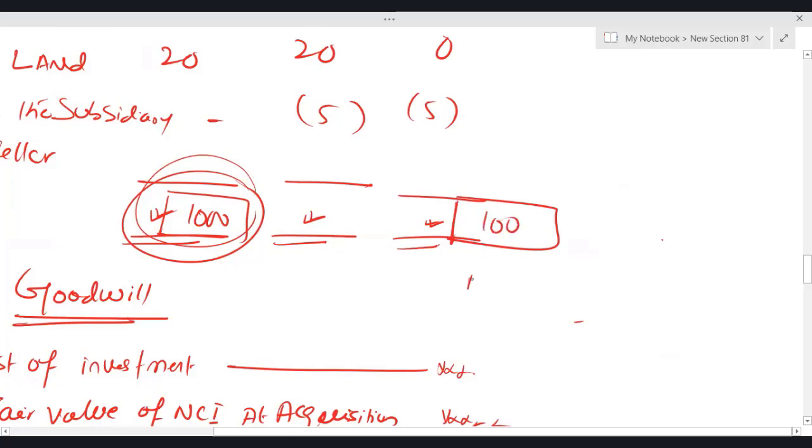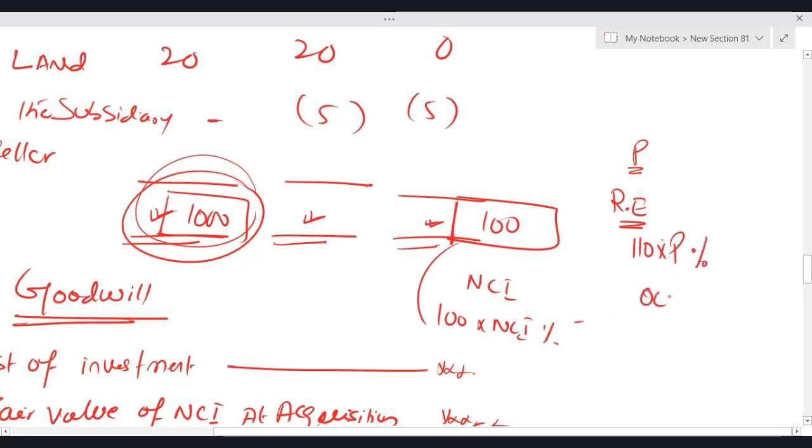When I'm working for NCI, I'll take the entire 100 into NCI holding. The job is done. When I'm working for the parent, for retained earnings, students, please try to understand, logically I'll take 110 into the parent's holding, and in OCE, I'll take negative 10 into the parent's holding. Is this clear to everyone now?